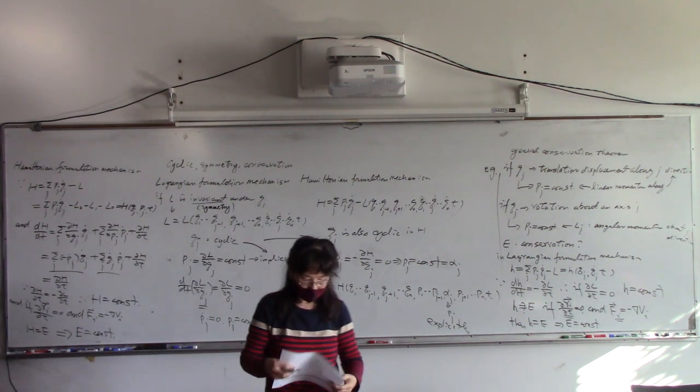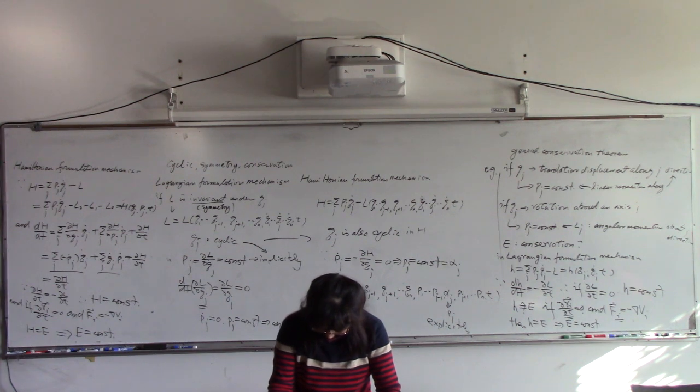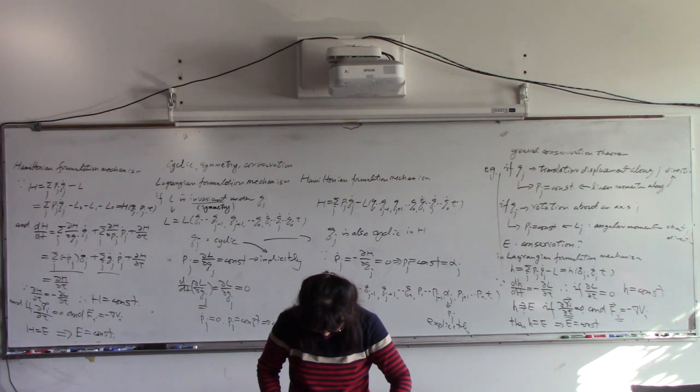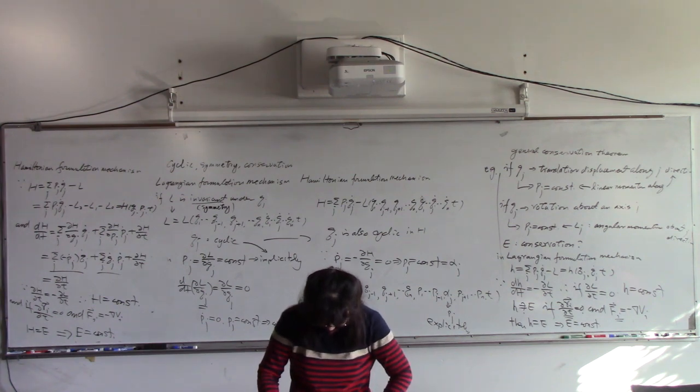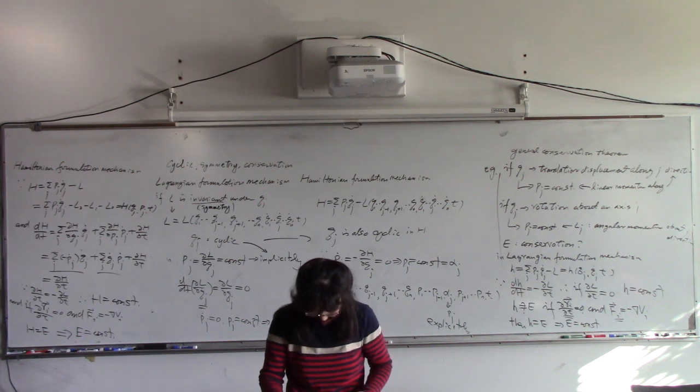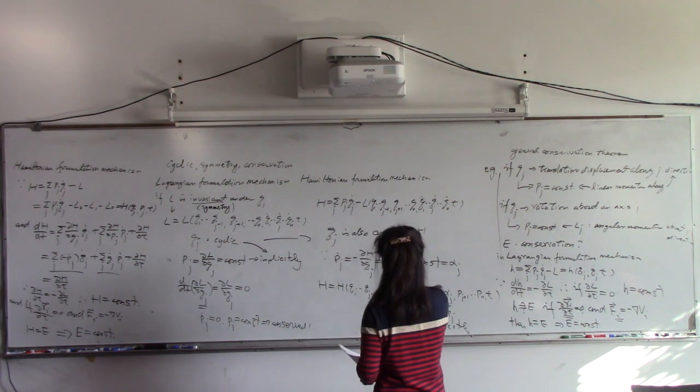Okay, so we discussed the symmetry, cyclic coordinates, and the corresponding conserved quantities. Now we also want to discuss another piece of information, the properties of the Lagrangian and Hamiltonian.